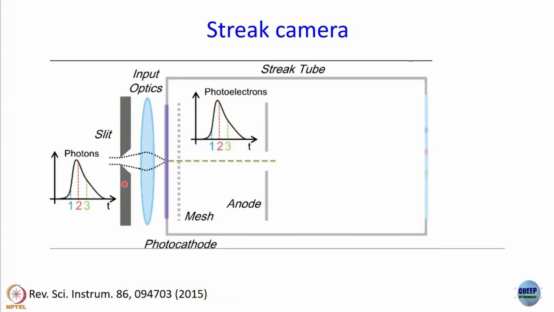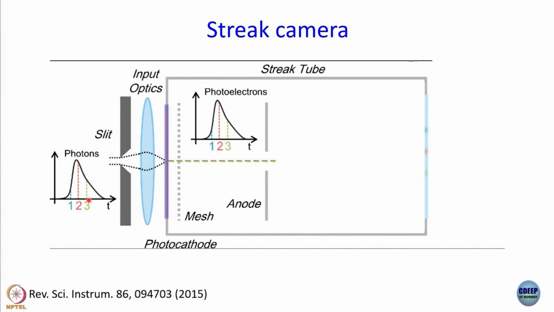So, this is where it reaches, okay. Let us say this is a slit, and here we have input optics, lens or whatever. So, it gets in, and this is the photocathode. What will happen?